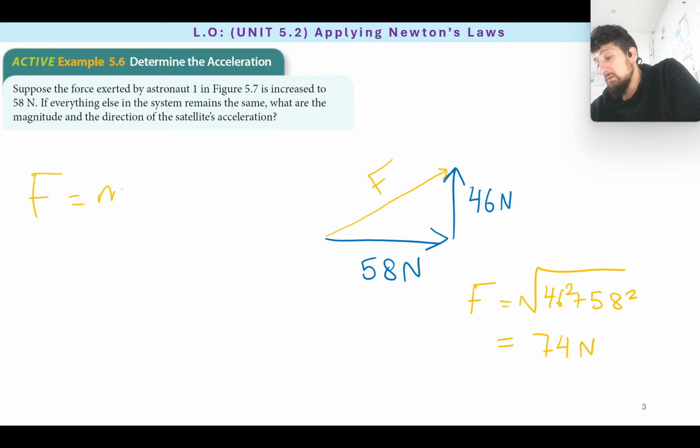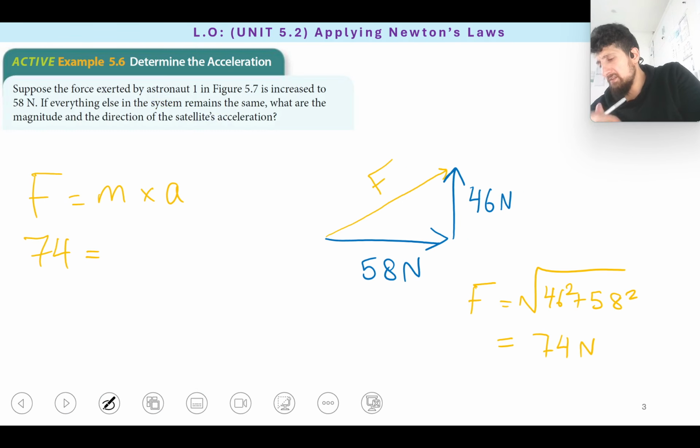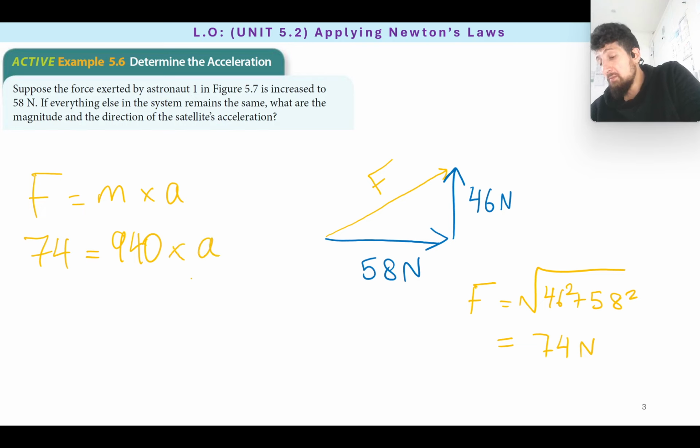Force equals mass times acceleration. I've got 74. Remember, this satellite has a mass, what was it, 940? 940. Quite a heavy satellite. 940 kilograms multiplied by the acceleration. I'm going to move this to the left-hand side, and that's going to equal A. So 74 divided by 940.